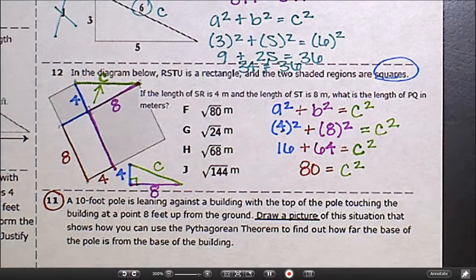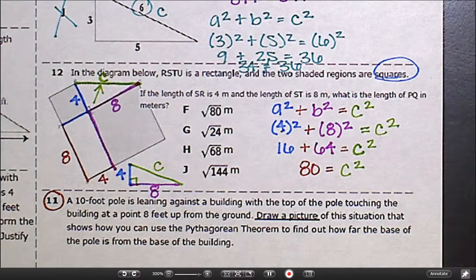Okay, now I'm stuck. Because now I don't have C by itself, but I don't know what to do instead. So just like in any formula, any equation, if we are multiplying, then we're going to do the opposite and divide to get the variable by itself. If we're subtracting, then we're going to do the opposite and add to get the variable by itself.